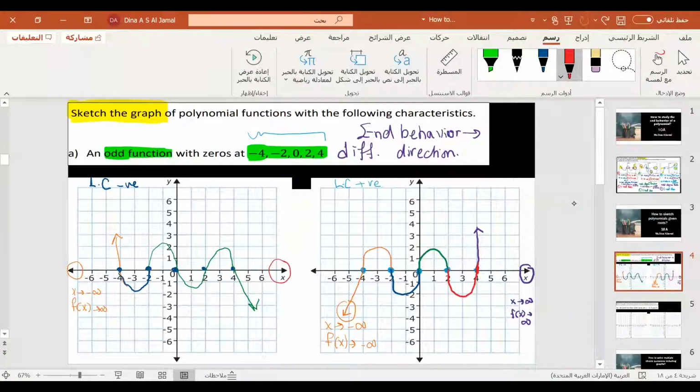So make sure that when x goes to infinity, your f of x must be the opposite of this, so minus infinity. That's it. So this is the sketch if I have an odd function with given zeros, whether the leading coefficient is positive or negative.